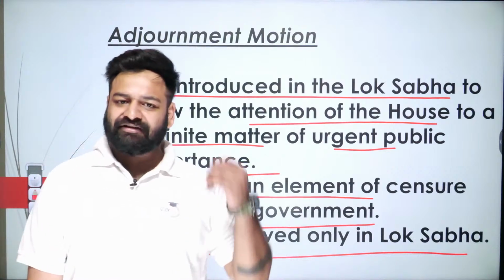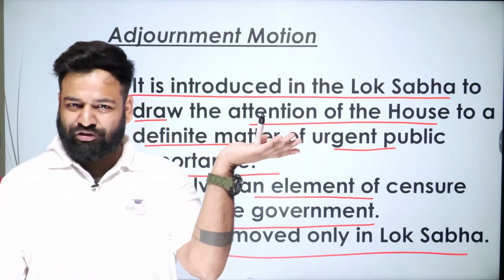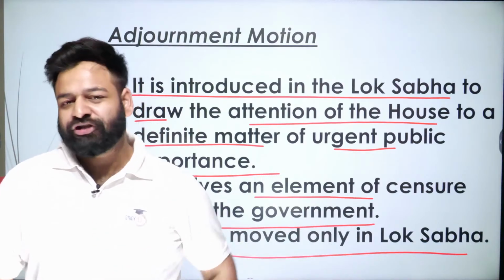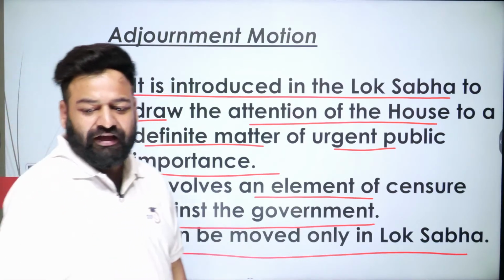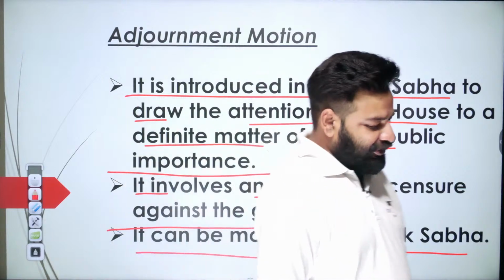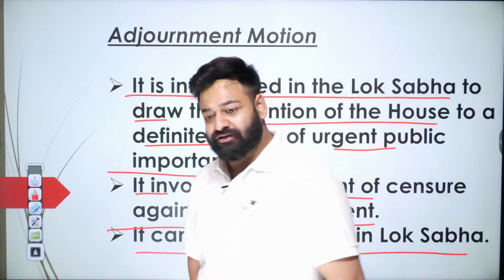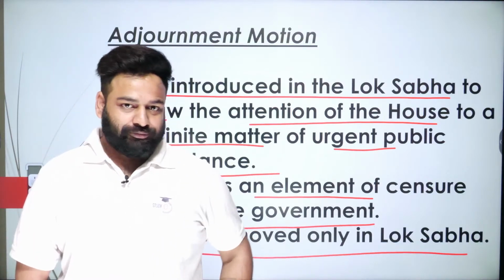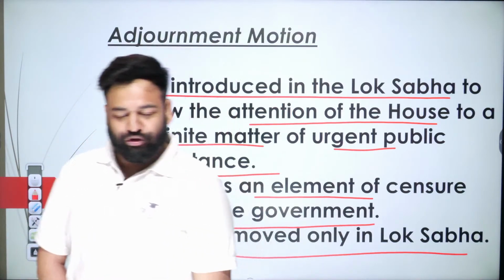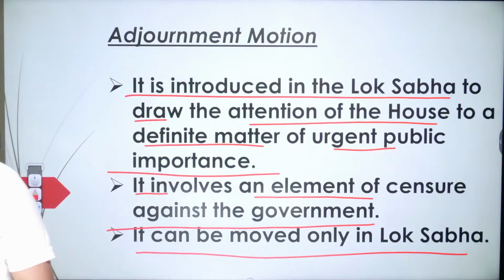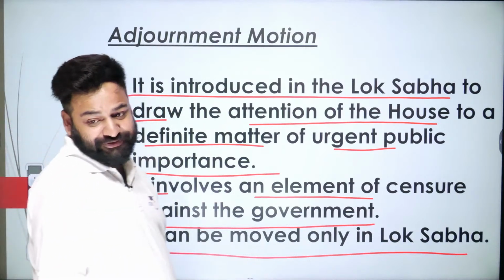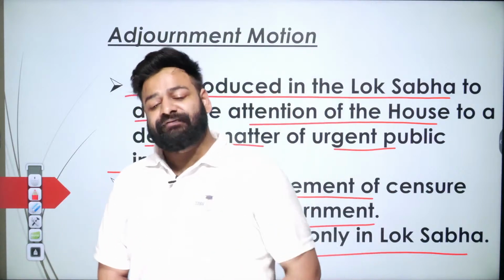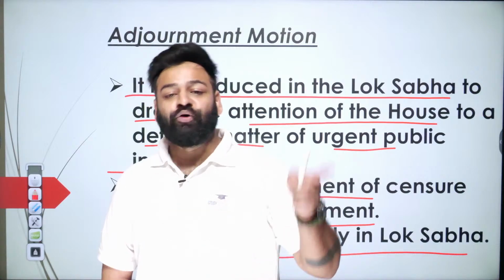Now, you would be like, sir, censure motion, या adjournment motion या call attention motion में क्या difference है? Okay, what is the basic difference between the call attention motion and the adjournment motion? Call attention motion, it is specifically for a minister or ministers, whereas adjournment motion, it is for whole house.